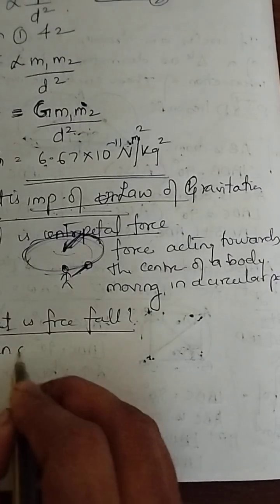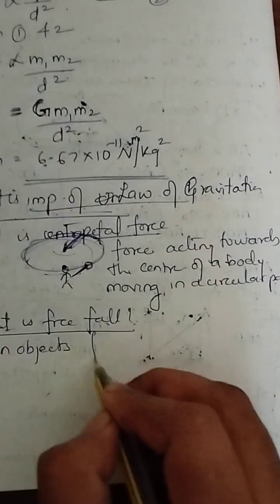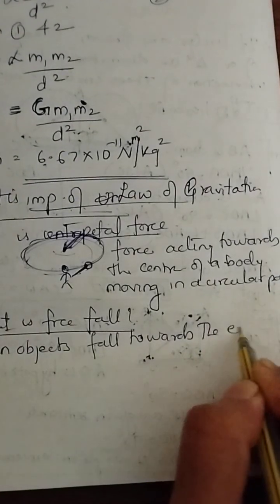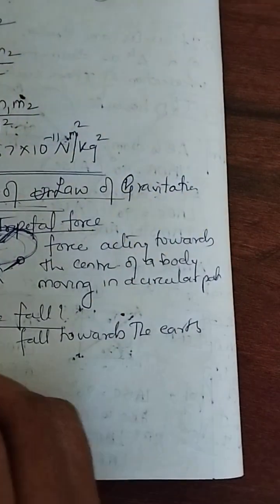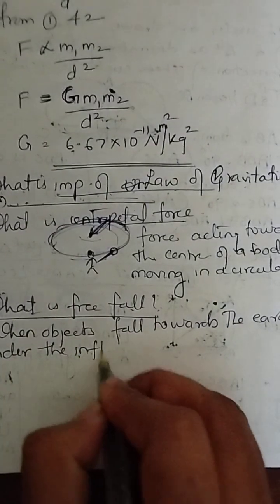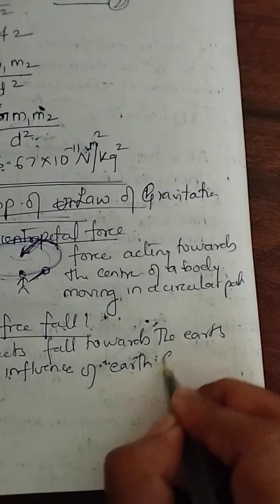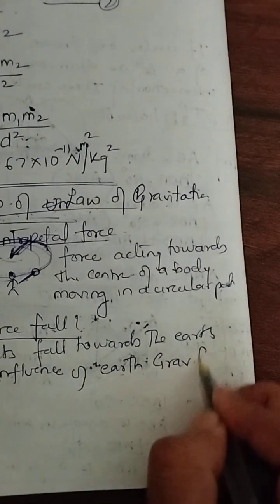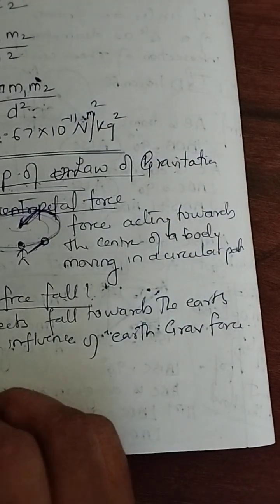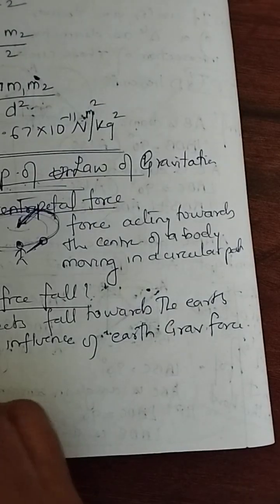When objects fall towards the earth under the influence of the earth's gravitational force alone, this is called free fall.